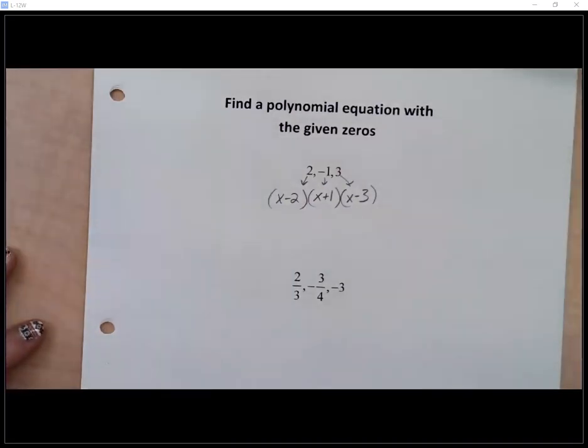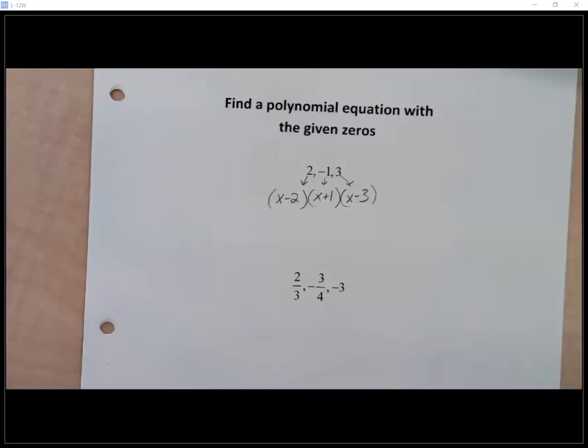The only thing you have to do now is just multiply those together and you're done. That's literally it. So if I were you, I'd multiply 2 of them together. You'd FOIL them, right? And then take that answer and multiply it by the third.